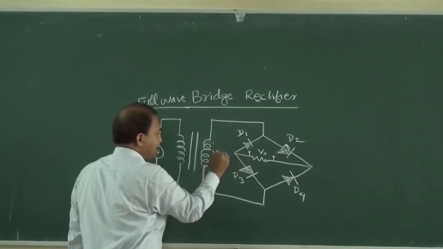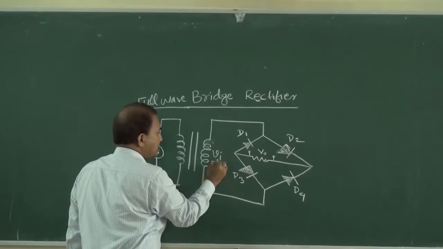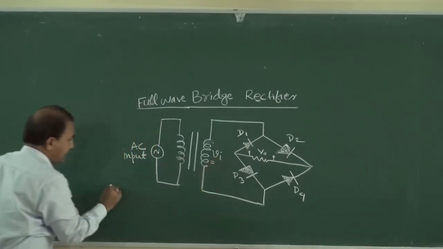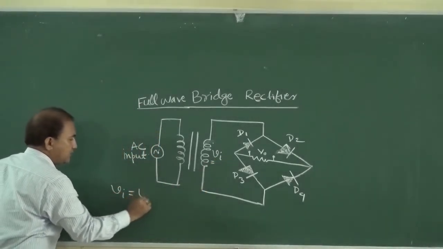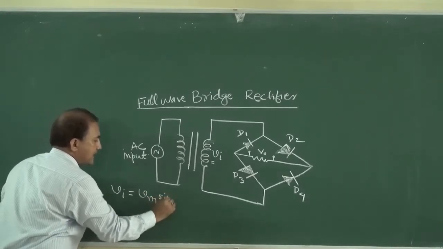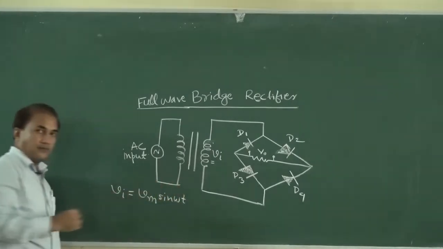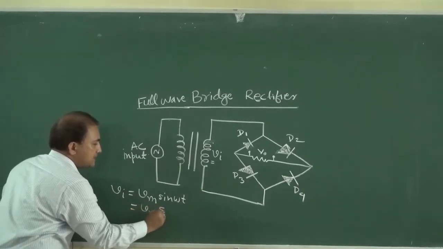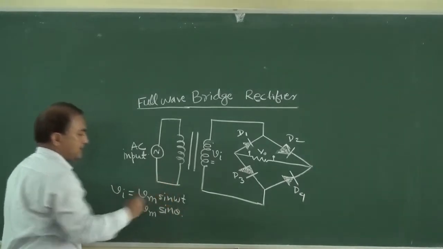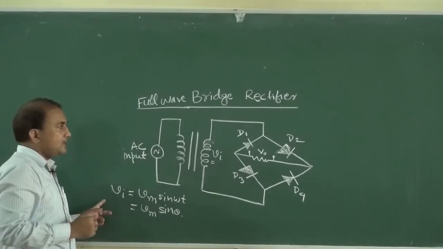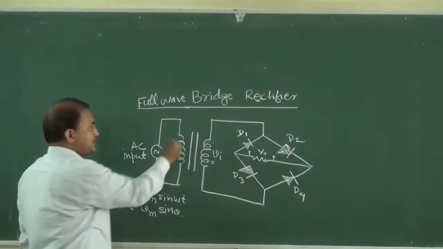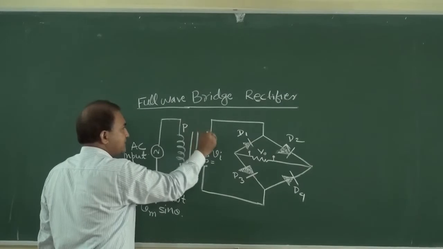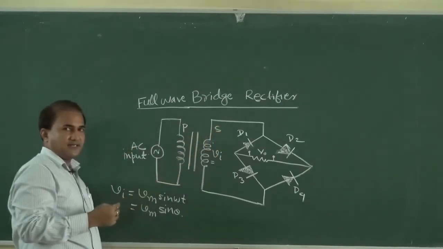Say this is Vi. How can we write Vi? Vi is equal to Vm sin omega t, or we can write Vm sin theta. This is the primary of the transformer and this is the secondary of the transformer.